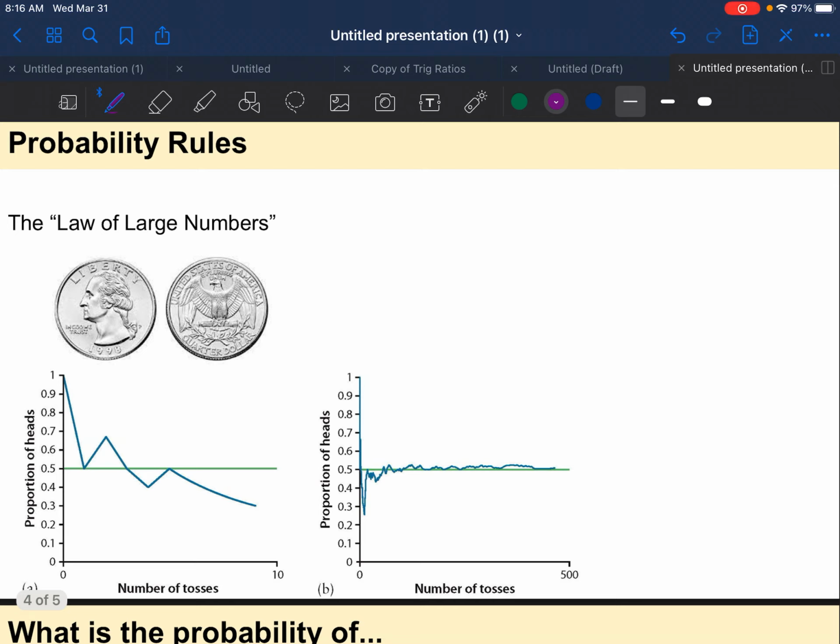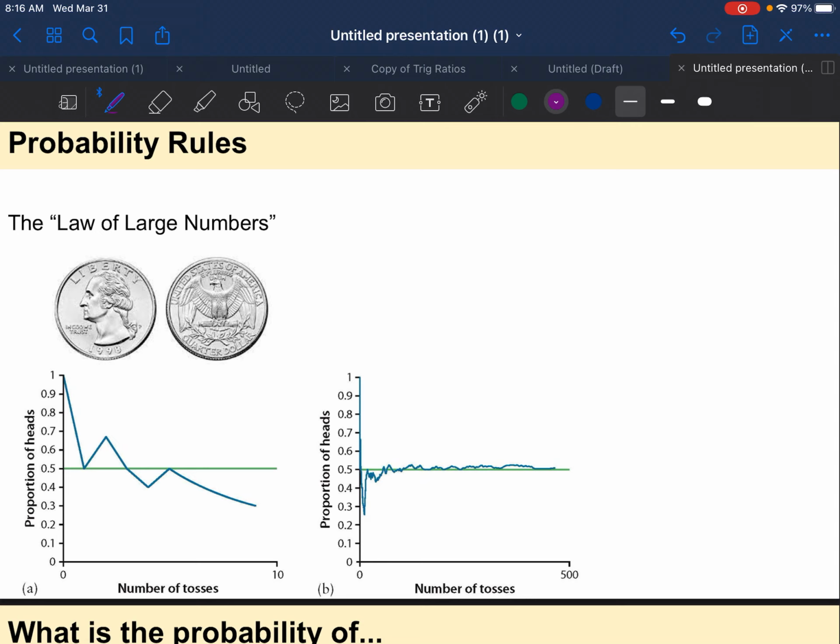So thinking about some of these probability rules, there's this idea of the law of large numbers. And that basically means that the more trials that you do, the more attempts that you do, the closer to the true average you will be. So let's think about these heads and tails.